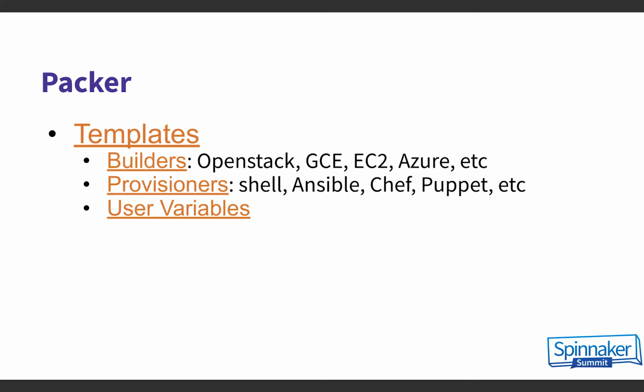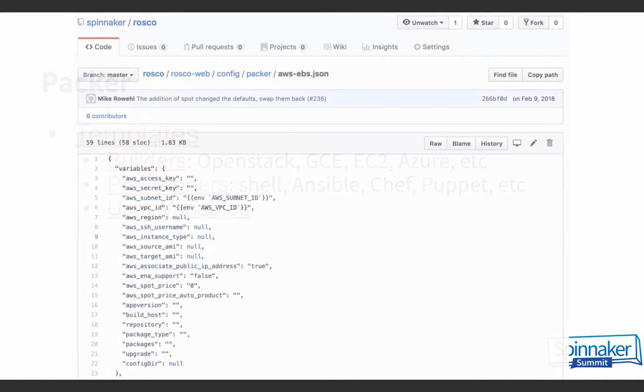So you can execute shell scripts, or Ansible, Chef, or Puppet, and again, there's about 18 provisioners, and the list is growing. And then user variables is a way to further configure those templates. So if you want that template to be more configurable, then you add variables in it.